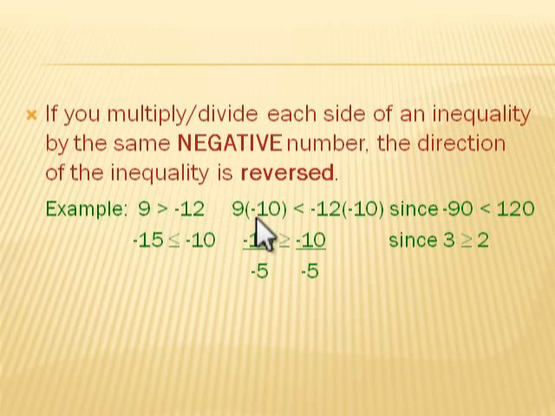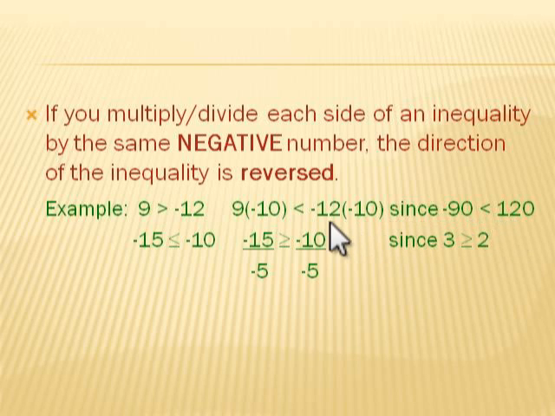If we multiply both sides of the inequality with negative 10, however, we cannot keep the greater than sign or it won't be true, because the left side will simplify to negative 90 and the right side will simplify to positive 120. And negative 90 is not greater than 120, it's less than.